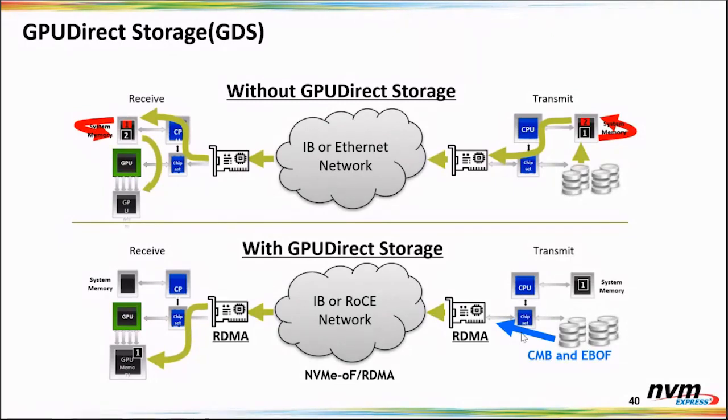There's another technology called eBOF, and the same is true there. That's where instead of a PCI interface on the SSD, you have an Ethernet interface. This is another new technology on the horizon, which again, using RDMA, just further improves the performance in and out of GPUs for HPC, machine learning, and artificial intelligence applications.